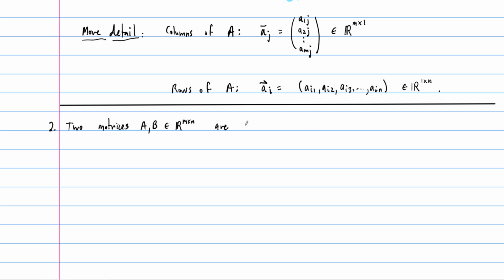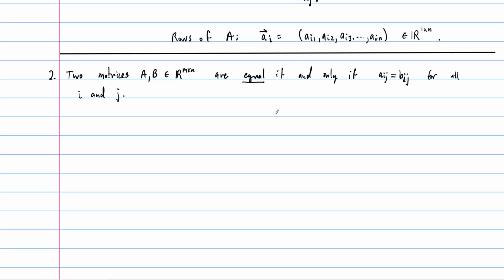These are said to be equal if and only if, there's only one way, their entries A_ij are equal to the entries B_ij for all i and j. All right, so in other words, if every single entry is the same, that's the only way that the matrices can be equal.